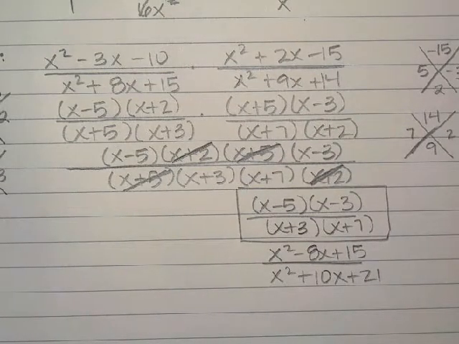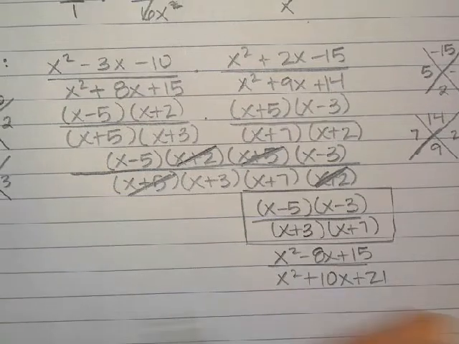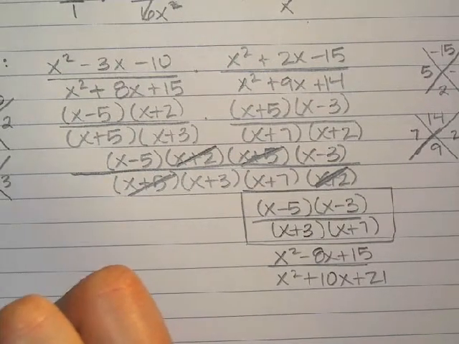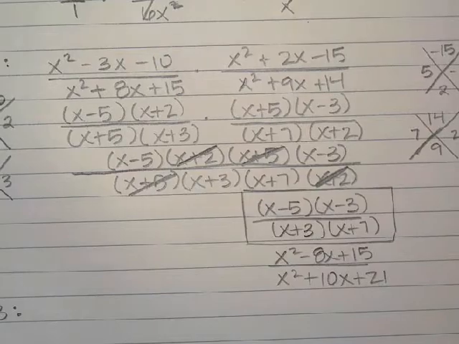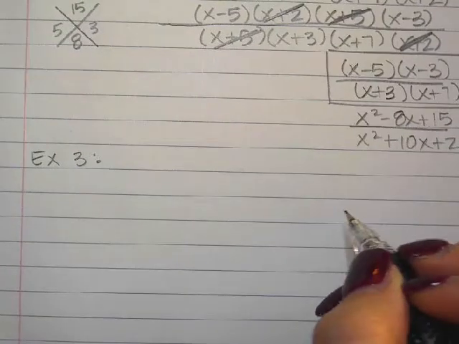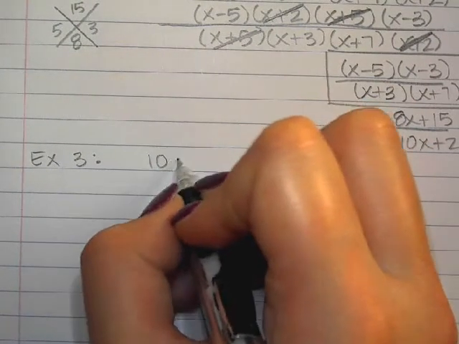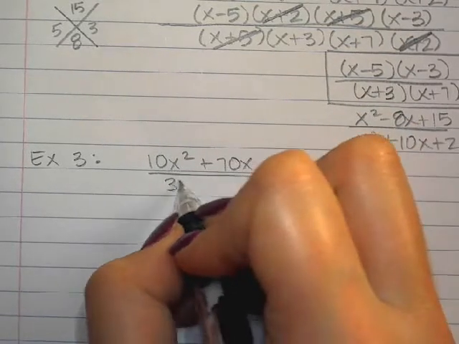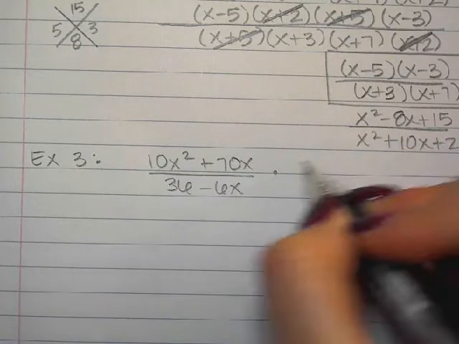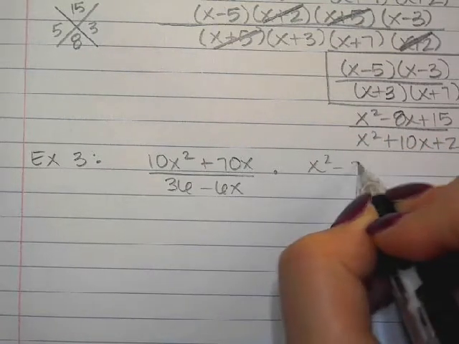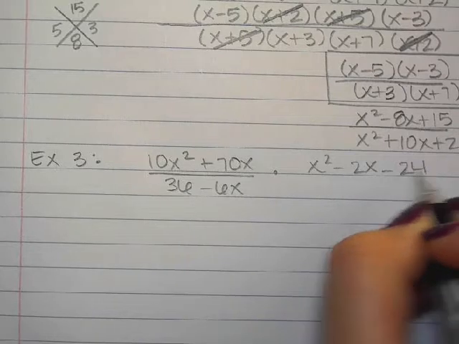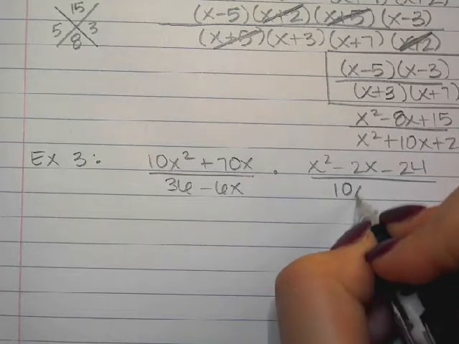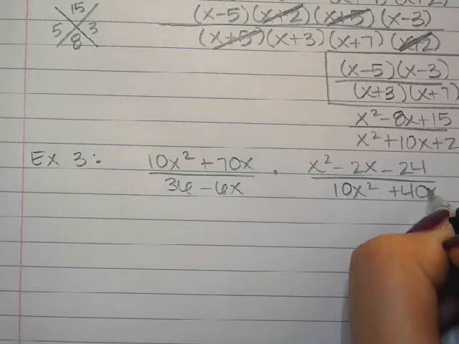Okay, let's do one more multiplication problem, and then we'll talk about division. So for the last multiplication problem, example 3, we're going to do 10x squared plus 70x divided by 36 minus 6x, multiplied by x squared minus 2x minus 24 over 10x squared plus 40x.